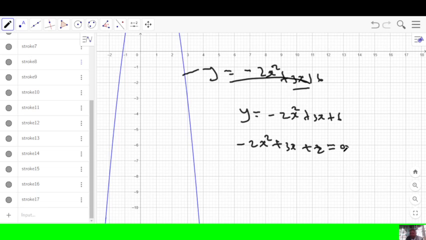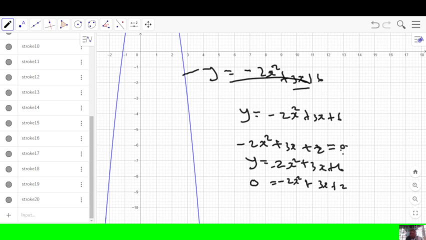We can express that equation by making 0 the subject of the formula, just like y is the same as that. So I will take the first equation, y equals to negative 2x squared plus 3x plus 6, then 0 equals to negative 2x squared plus 3x plus 2.